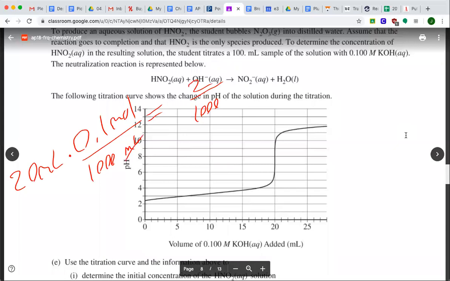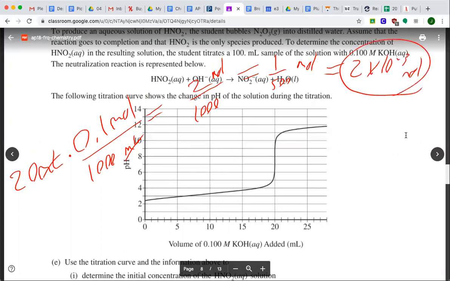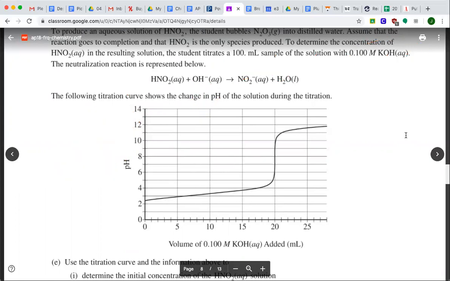We get rid of the milliliters, so 2 moles divided by 1,000, which equals 1/500th of a mole. Let's express that as a decimal. So 1/500 is going to be 2 thousandths, which equals 2 times 10 to the negative third mole, or 2 millimole. So we've got 2 millimole of potassium hydroxide that we're adding to neutralize the HNO2.